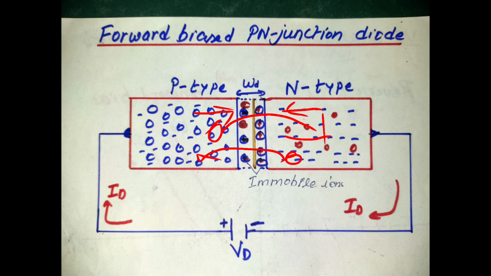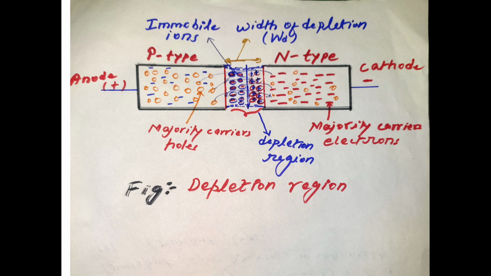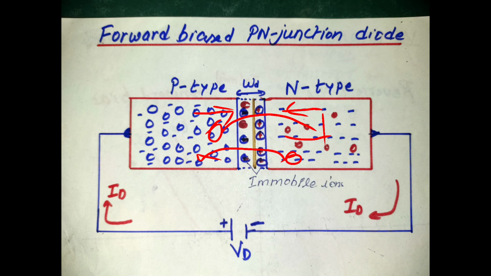So in case of forward biasing, the depletion width will be very small. You can compare this figure with the depletion region for the unbiased situation. The depletion width in the unbiased case is greater than the depletion width of the forward biased PN junction diode.